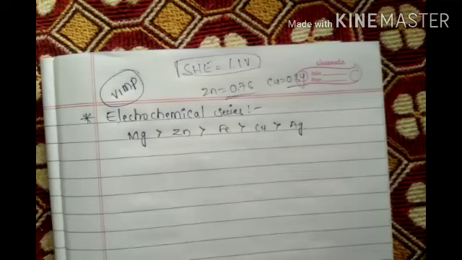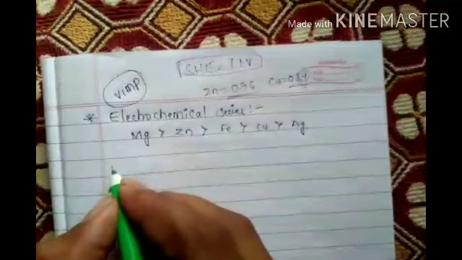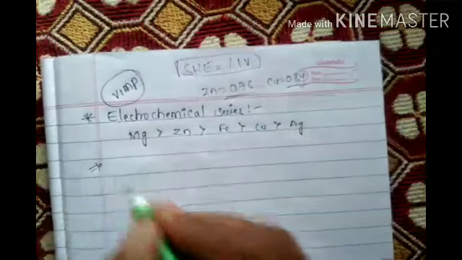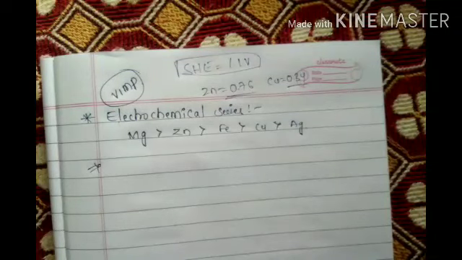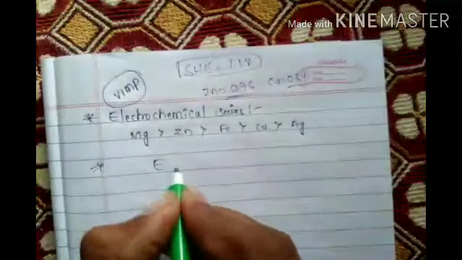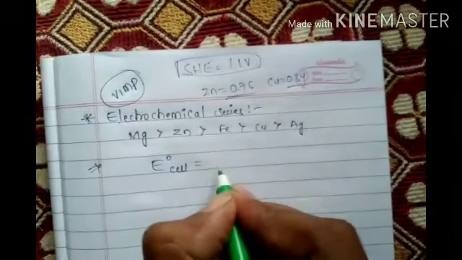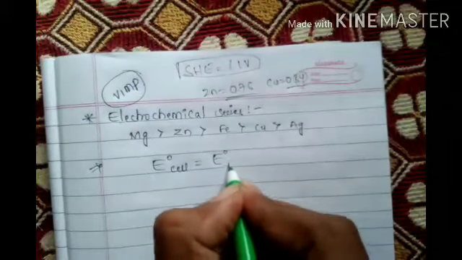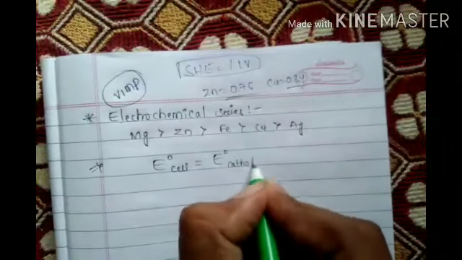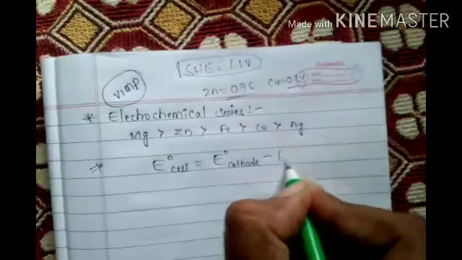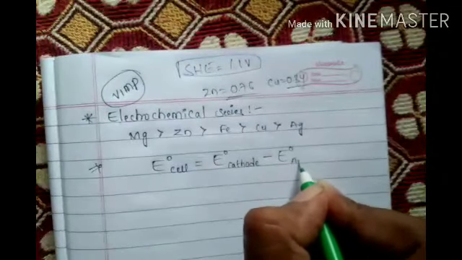Now, the final, very important formula. One and only one formula. Actually, a lot of formulas are based on this formula, but I will tell you the final formula first of all. E naught cell equals E naught cathode minus E naught anode.